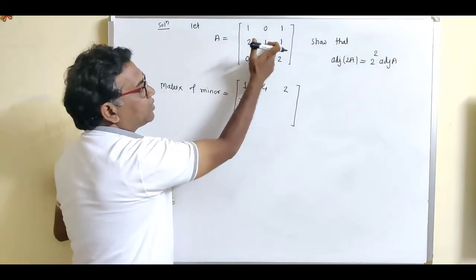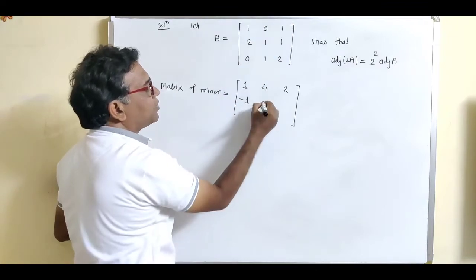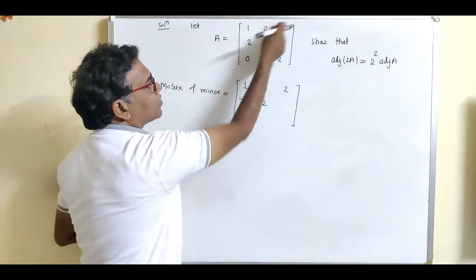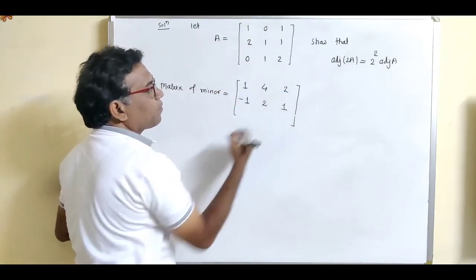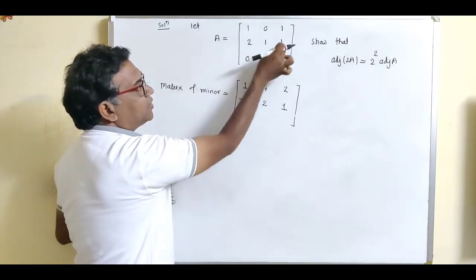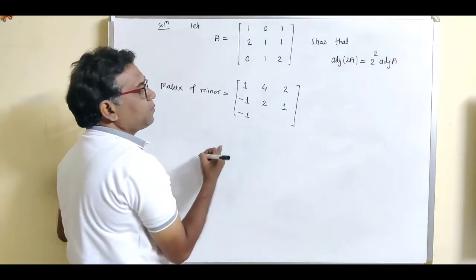Find the middle element. Delete the corresponding row, corresponding column. 2 minus 0, so this is 2. Find the next element, delete the corresponding row, corresponding column. 1 minus 0, this is 1. For the next element, delete row and column and take the determinant. 0 minus 1, so this is minus 1.